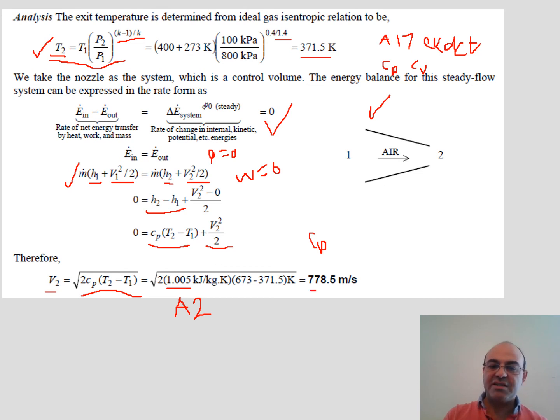Then the velocity is obtained as 778.5 meters per second. That's the maximum possible velocity that could be obtained based on the assumption of the nozzle being isentropic. In reality, because the nozzle cannot be isentropic, the velocity will be lower than this.